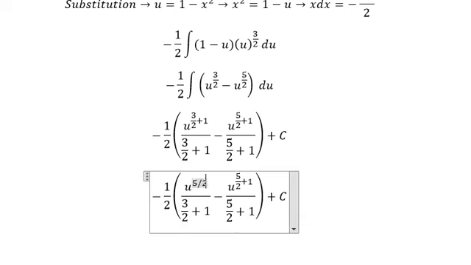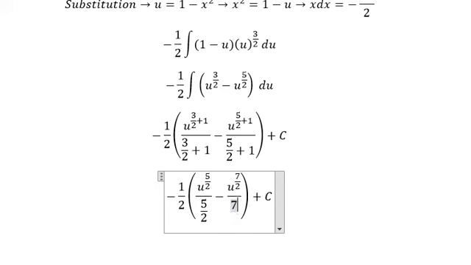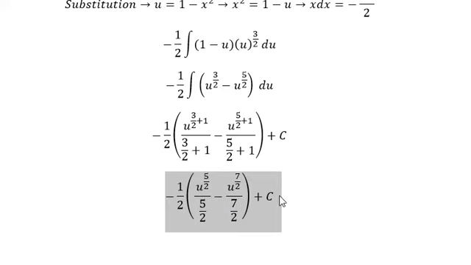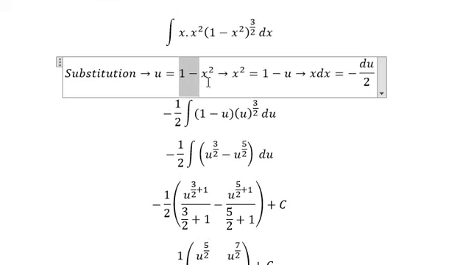This one you got 5 over 2. 7 over 2. About u, that's this one.